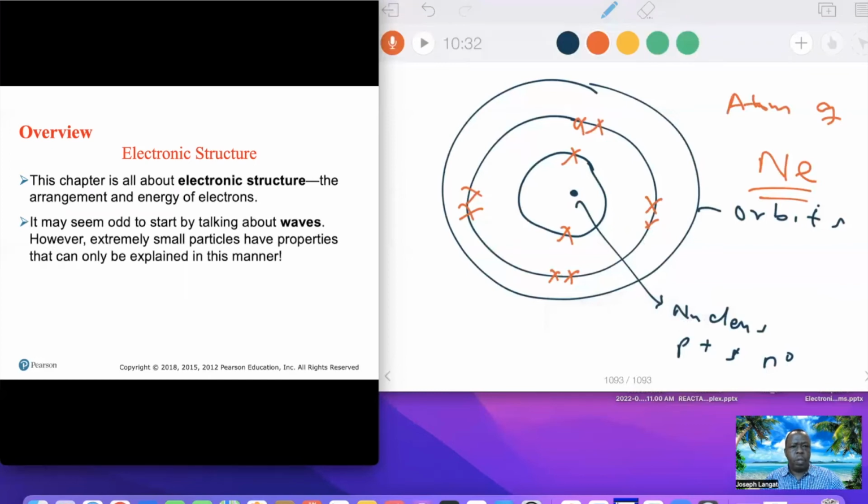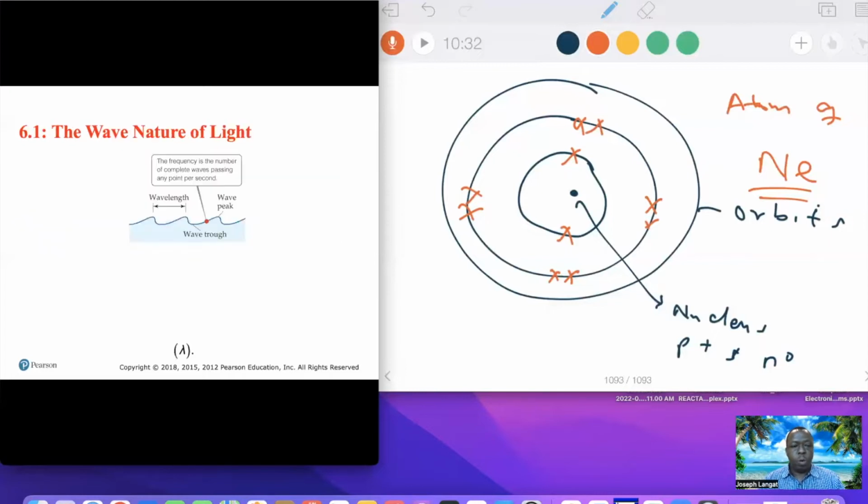It may seem odd to start by talking about waves, but when it comes to atoms or elements, they are extremely small particles. All I can say about the wave is, first we will look at the wave nature of light.